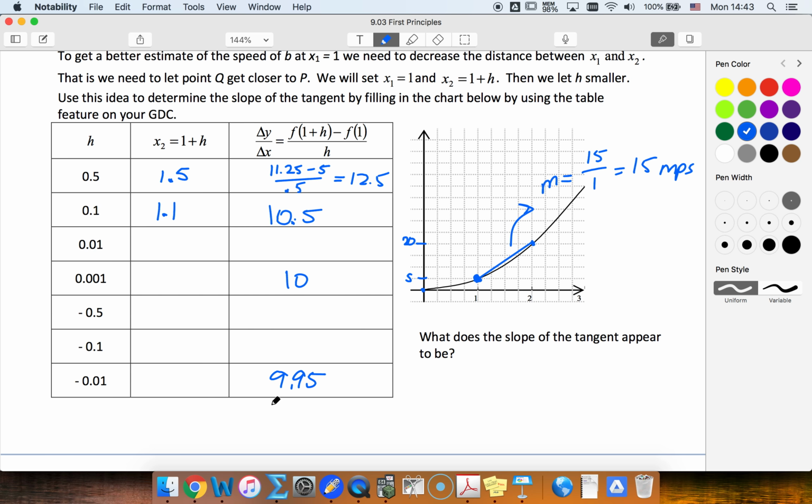So we are getting values that appear to be approaching 10 as we get closer towards creating a tangent. So the slope of this line, I could either try to calculate it based on what I see, and what I see is that I've gone up 5 over a distance of half a second. So our slope appears to be 10.